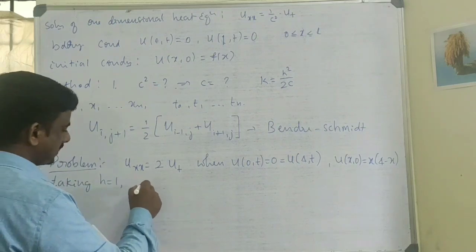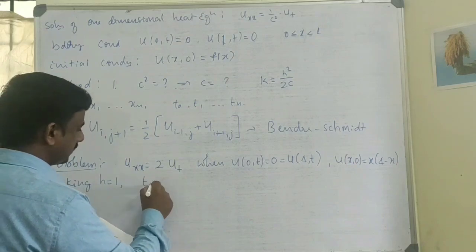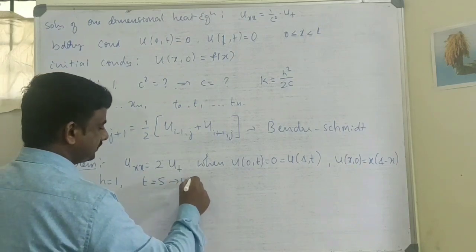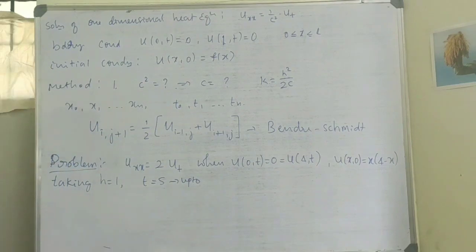And find values up to t equal to 5. So this is the given problem. So we need to find the solution of this.